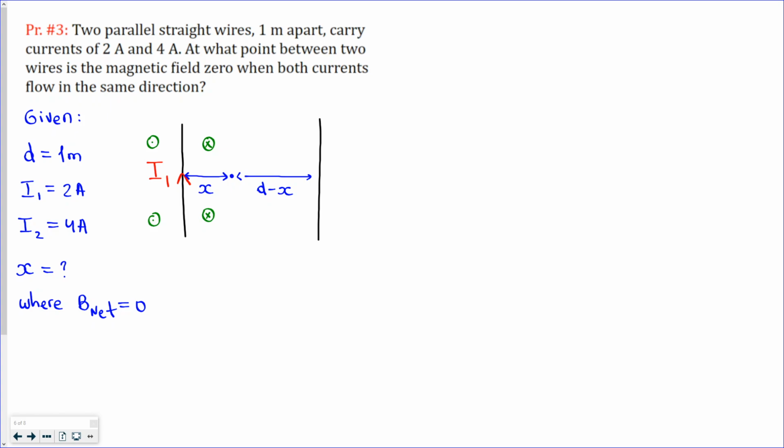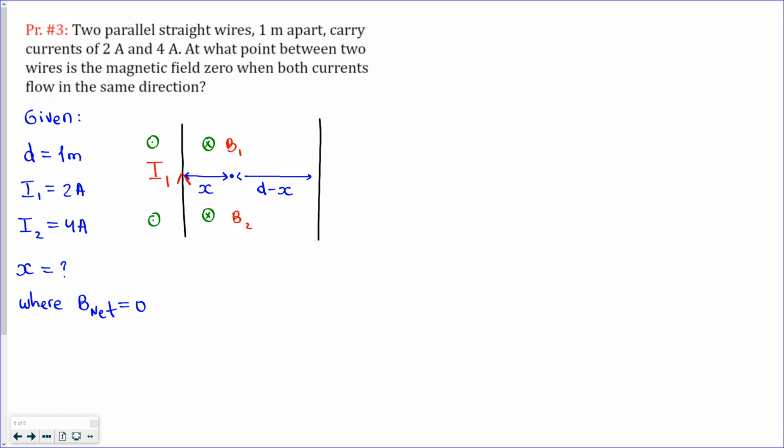If here we have X, the other part will be D minus X. And this is B1, the magnetic field from the first wire, and we have B2, the magnetic field from the second wire.